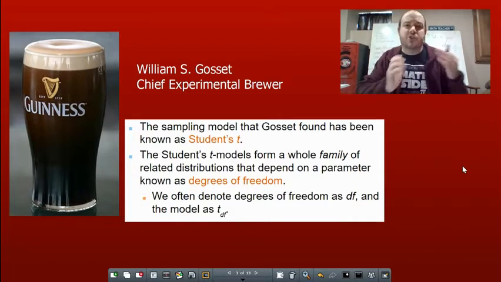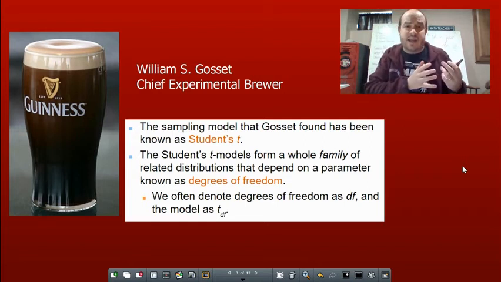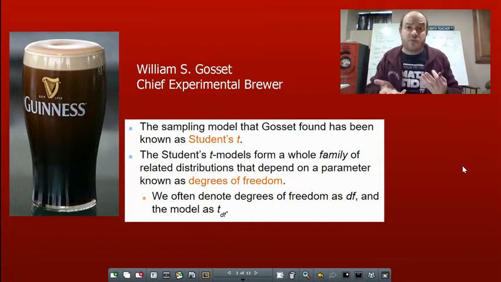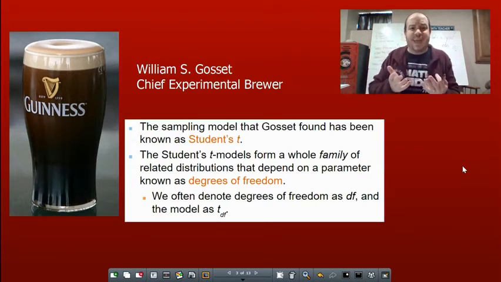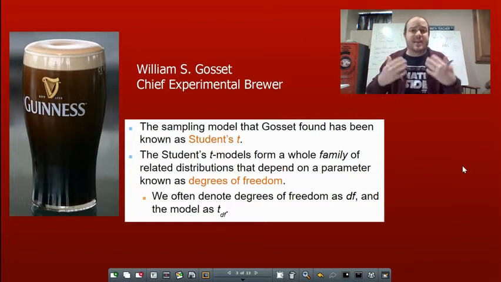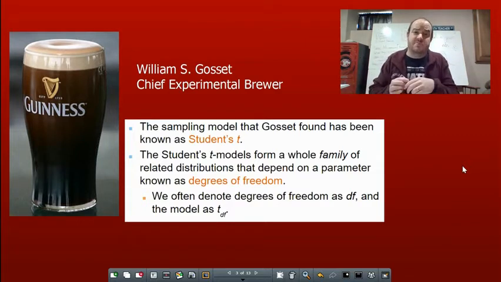Now, just like how the US has the FDA, which helps regulate how food is tested to make sure people aren't getting sick off of it, Ireland had their own rules that they had to follow, and a lot of it was based around the statistical idea of z-tests and things like that. But Mr. Gossett here was like, hey, if I need to do your little Z testing thing, the data that I collect would have to be huge, and I'm going to have to throw out a bunch of beer, and no one likes wasting alcohol.